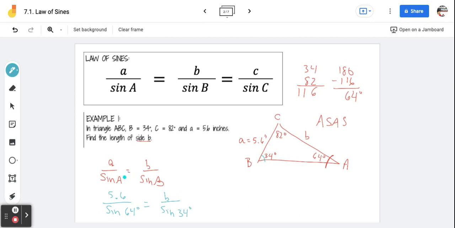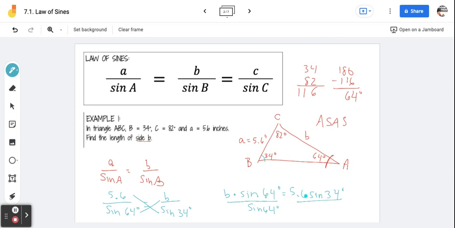So in this problem, I knew the two angles and the one side, and I could find the other side. All right, so anytime you have a proportion, you know the cross products must be equal. So that times that must equal that times that. So B times sine of 64 degrees equals 5.6 times the sine of 34 degrees. All right, and then all I have to do is divide by the sine of 64 degrees, and I will know side B.